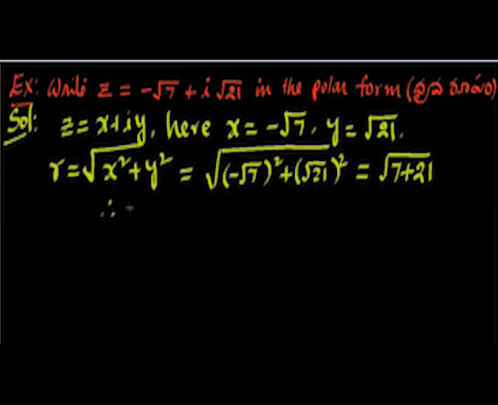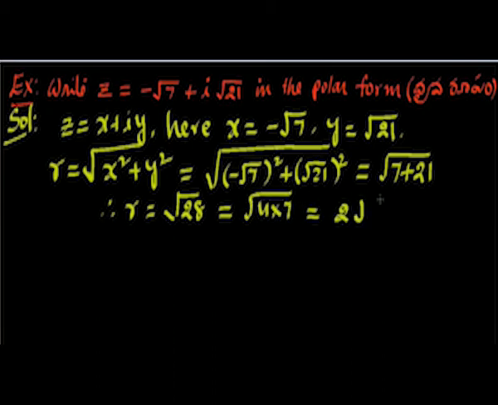So here the r value will be root 28, and this can be written as 4 into 7, that will be 2 root 7. This is the r value.